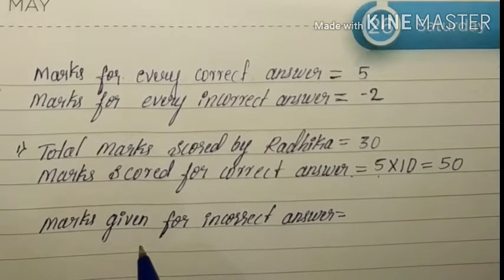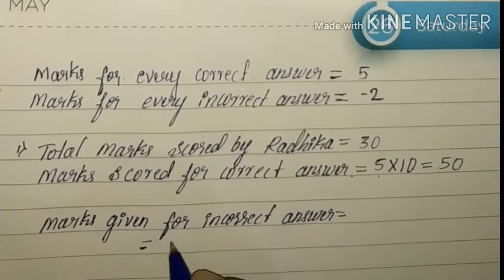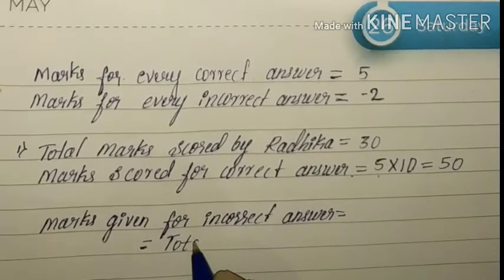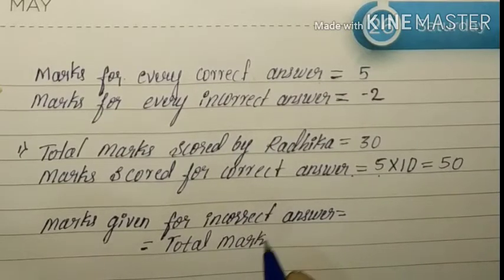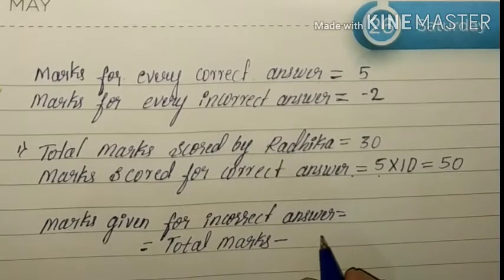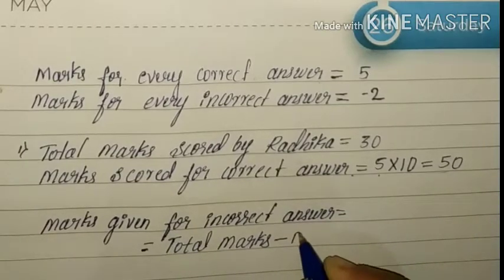So total marks is what? 30, right? Total marks minus marks given for correct answers.